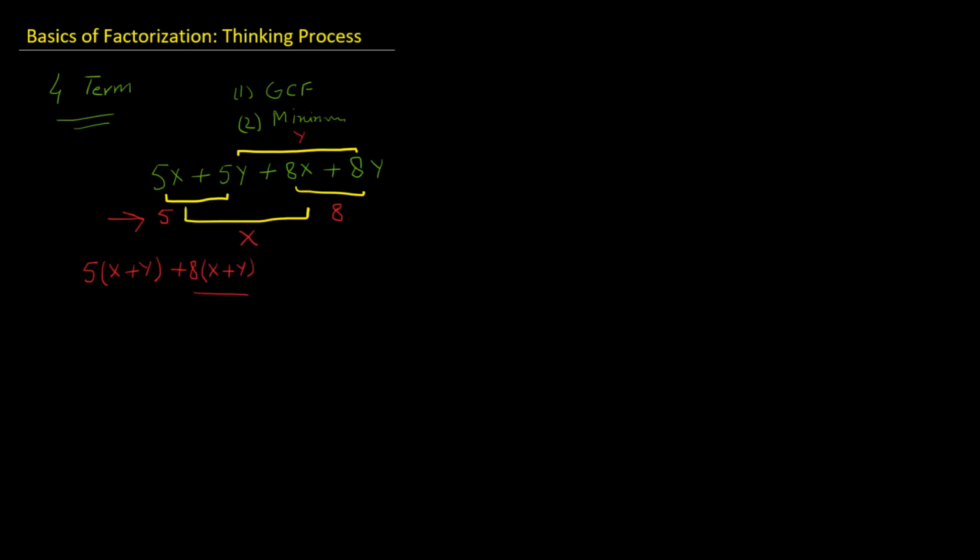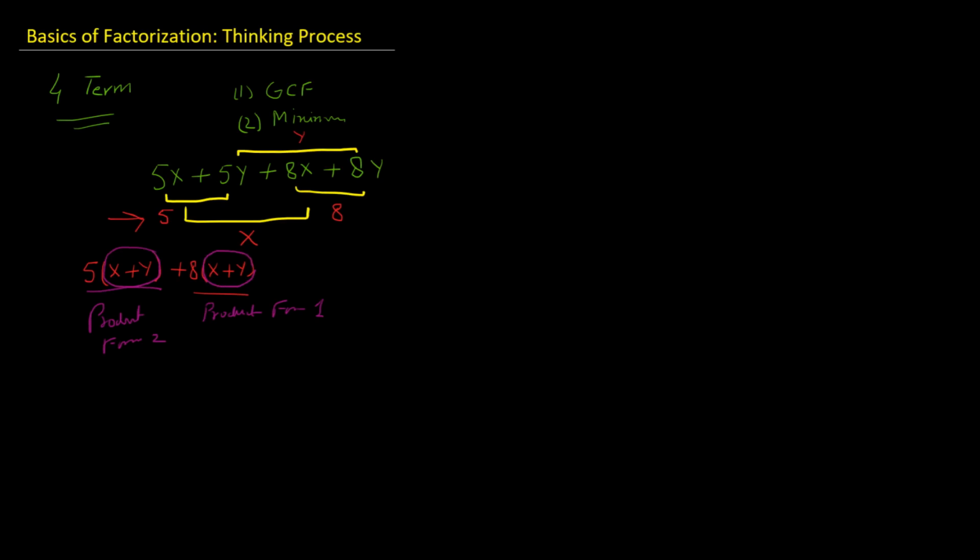Now this is a product form, and this is another product form. So when there are 2 product forms, if we have something common in these 2 product forms, basically we have x plus y common in these two, then definitely we got our answer.